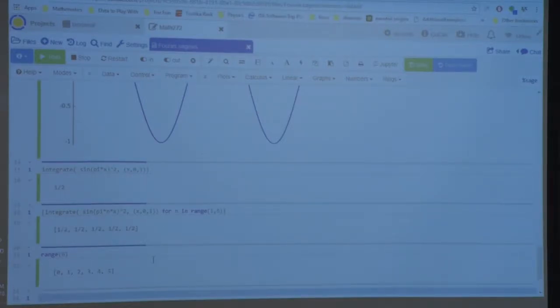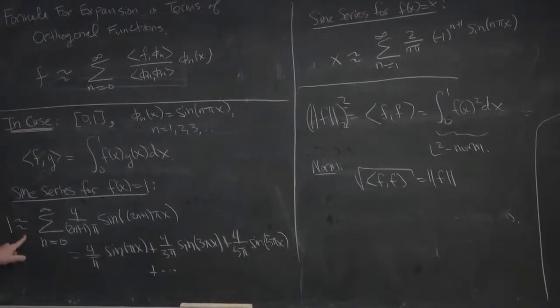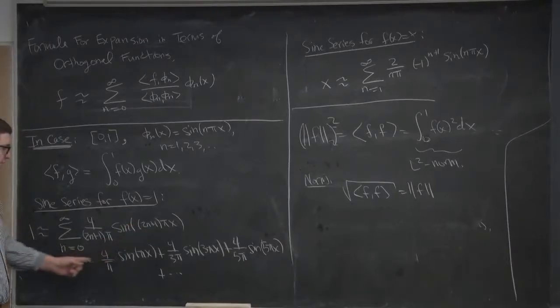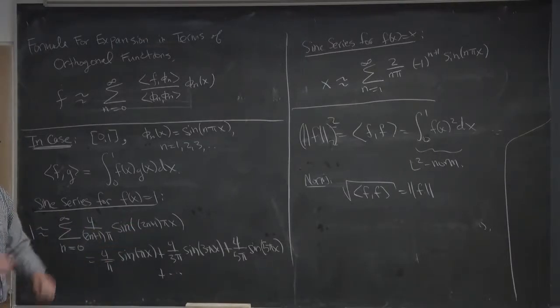So how did we compute the coefficients for this one here? Notice that there's only odd terms here, right? The odd terms appeared because the even terms had cancellation.